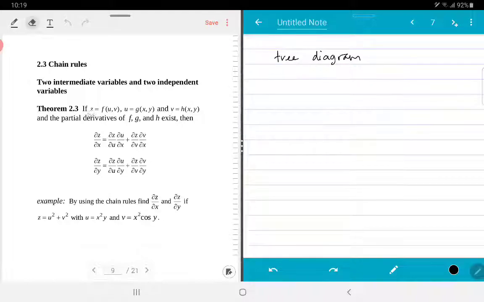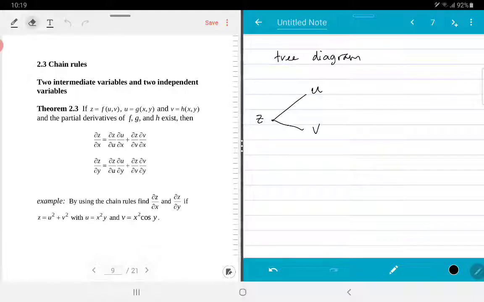Okay, let's see, here we have z. So z starts on the left. z is a function of u and v. So from z, we branch out to two branches, u and v, because z is a function of u and v. Now next line, we have u is equal to g of x, y.